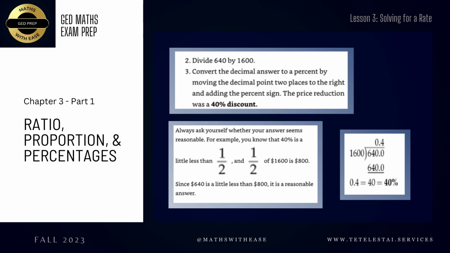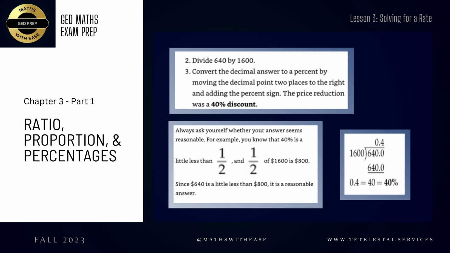You want to place your decimal point exactly in the same position as in your dividend, okay? 1,600 into 6,400, it goes 4 times. 1,600 times 4 is 6,400. You subtract 6,400 from 6,400, you're left with 0.